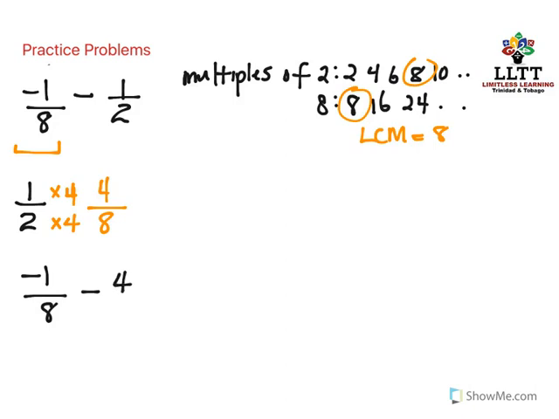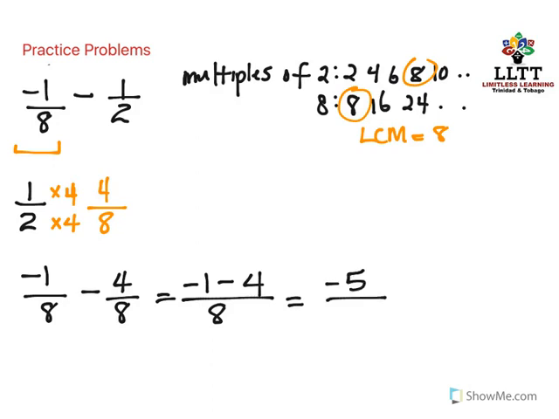-1/8 minus 4/8. And because my denominators are the same, I leave it as is and just do the operation in my numerator, which is subtraction. So I have -1 minus 4. So -1 minus 4 becomes -5.